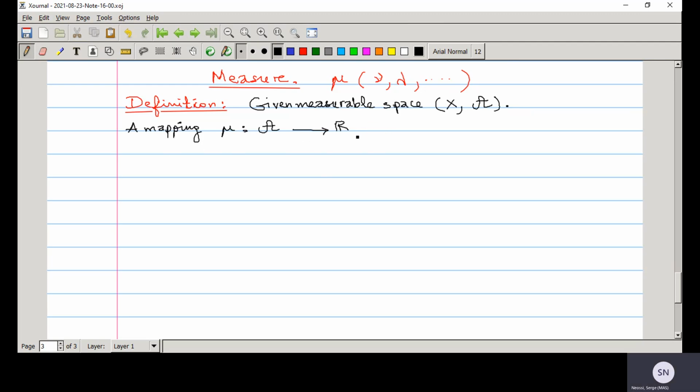It's called a measure if, first property, it is positive. Let me put a bar here to indicate that positive infinity and negative infinity are there.